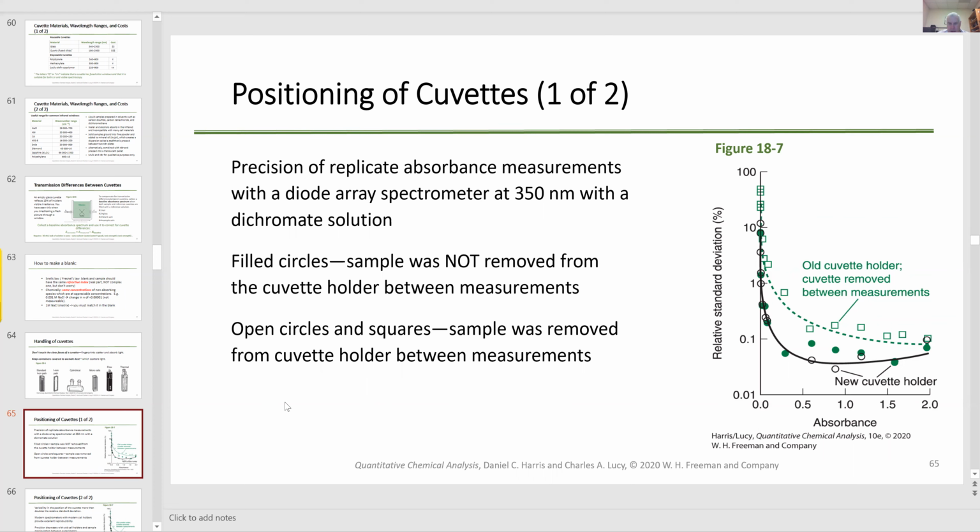This diagram, which says relative standard deviation in percent versus absorbance, is kind of interesting, even just ignoring the difference between the old cuvette holder and the new cuvette holder. This relative standard deviation gets up around 100% when the absorbance is around 0.